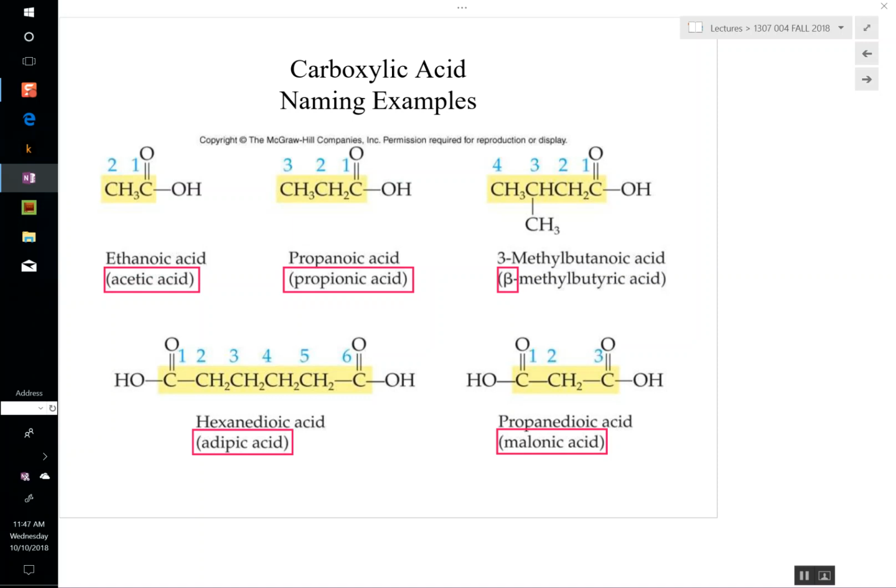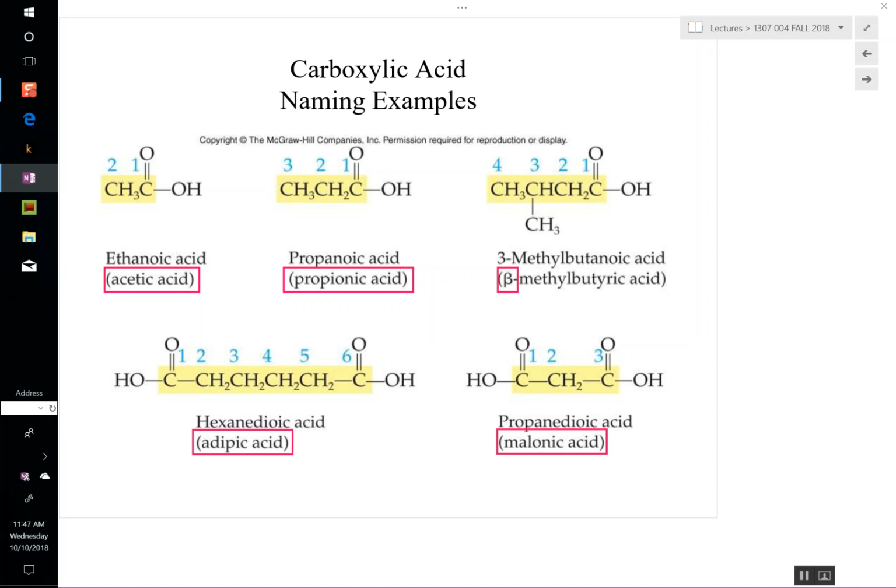Now, in other cases we had like hexadiene. Here we pull the E back in because there's two consonants right here. So we say hexanedioic acid, and we don't have the numbers in there because those two carboxyl groups have to be on the two ends of that 6-carbon chain.